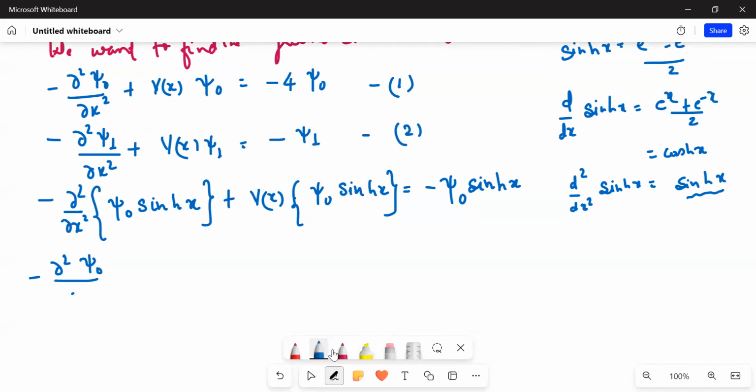So let me first do the first derivative, otherwise there could be an issue. So what I'll do, I'll take this minus d by dx here, and I'll place this inside.